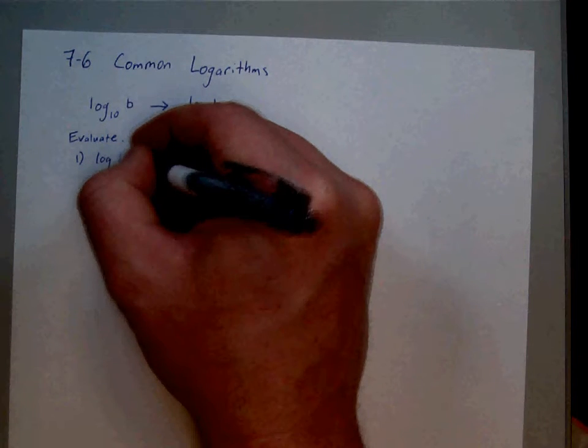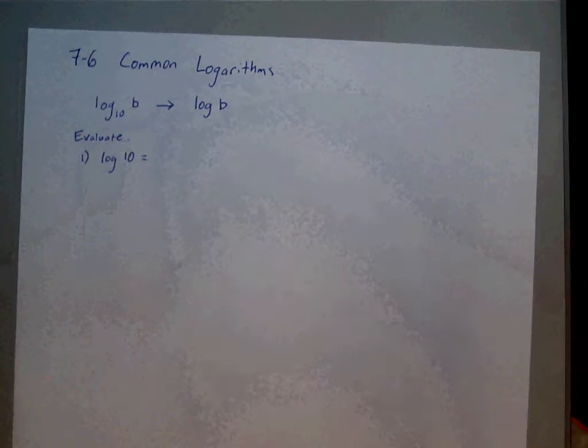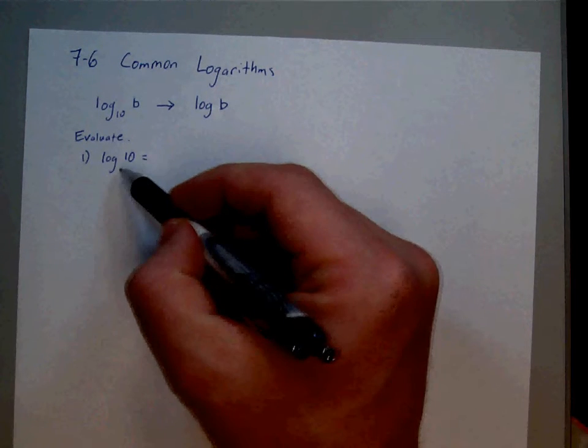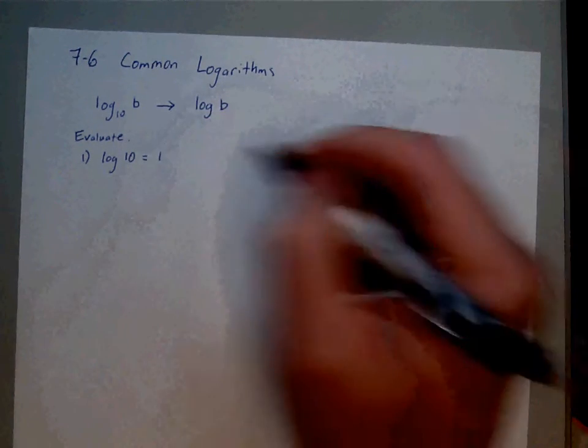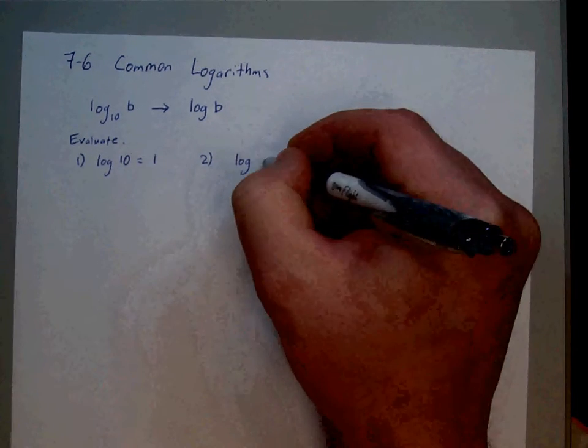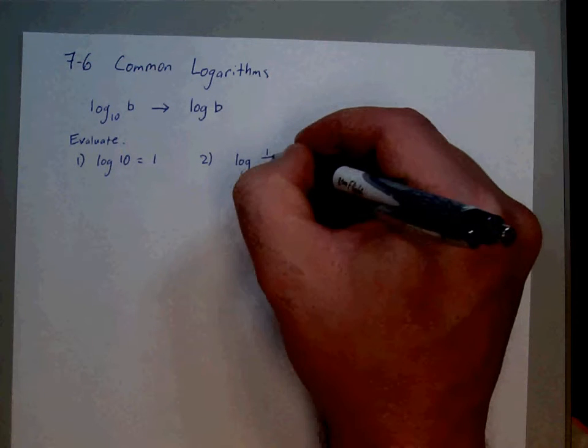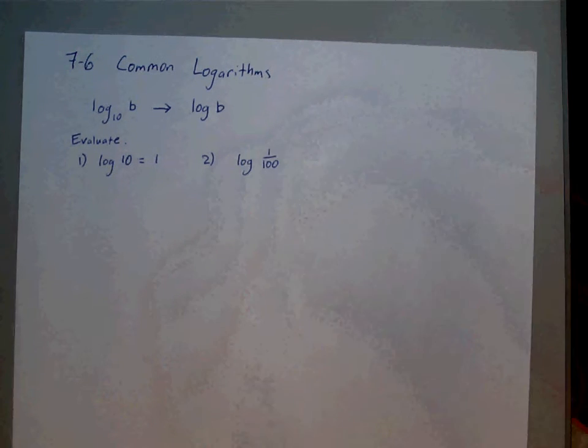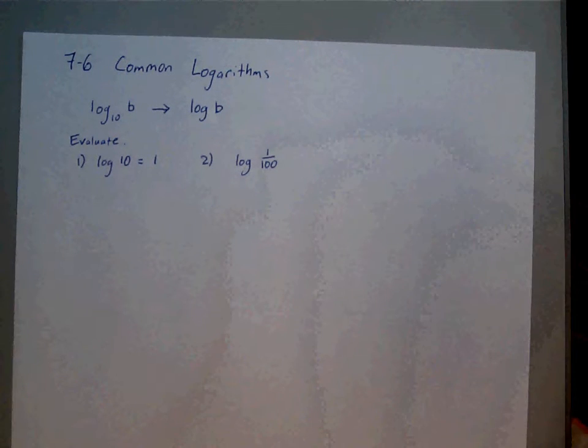So if we see log of 10 with no base number, it means log base 10 of 10. So 10 to some power equals 10, so that's equal to 1. Log of 1/100th. So we know that 10 to some power is 1/100th.